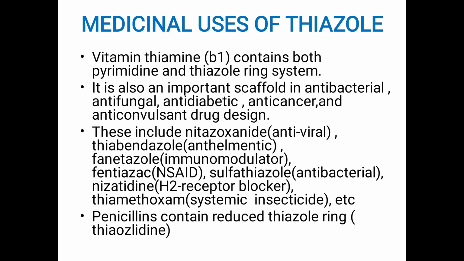Then is sulfathiazole, which is also known as antiviral, anthelmintic and immunomodulator, NSAID, then antibacterial, H2 receptor blocker, etc. This type of drugs. Penicillin contains a reduced thiazole ring, which is also known as a thiazolidine.